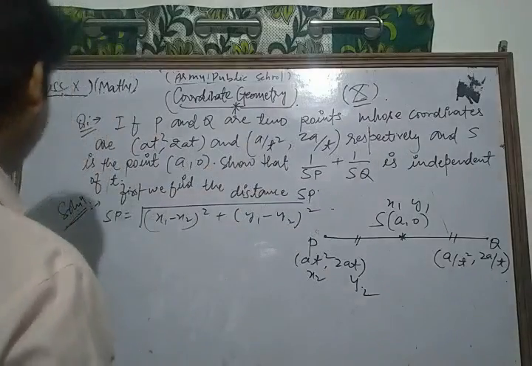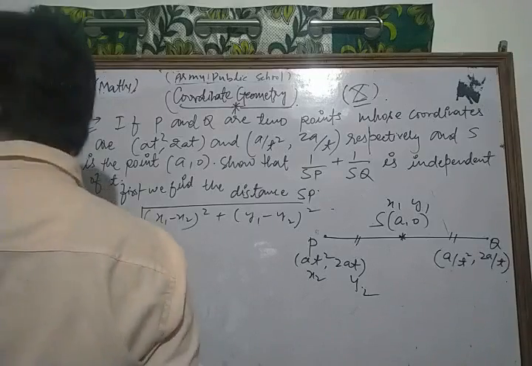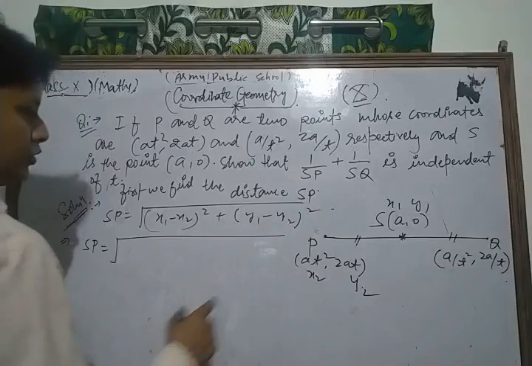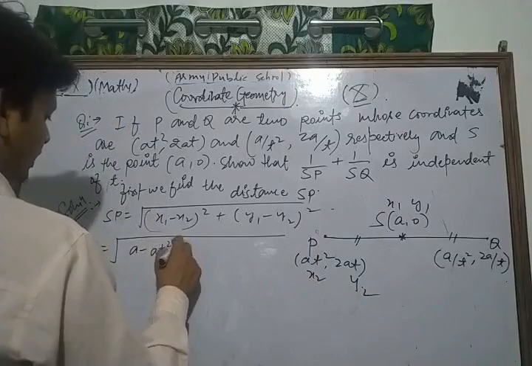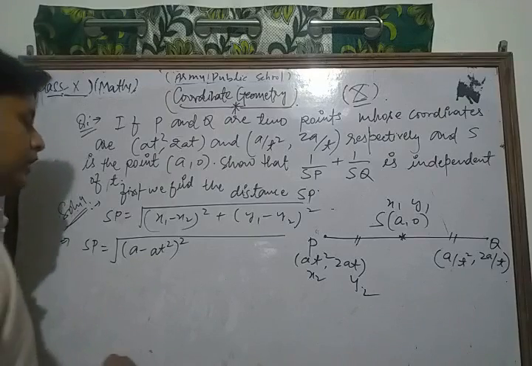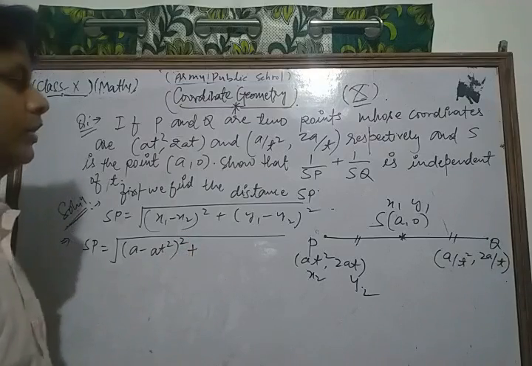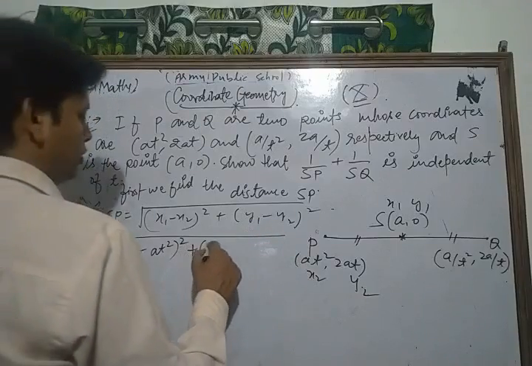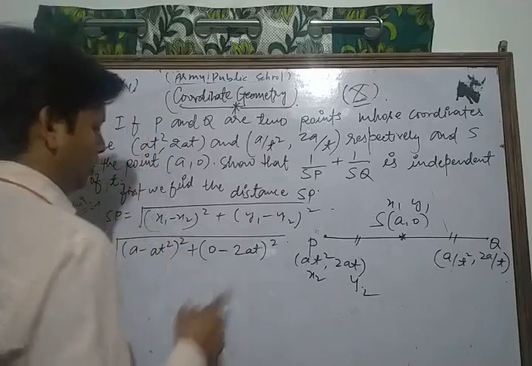So SP is equal to the under root of (x1 minus x2), where x1 is a and x2 is at square, whole square, plus y1 minus y2, where y1 is 0 and y2 is 2at, whole square.